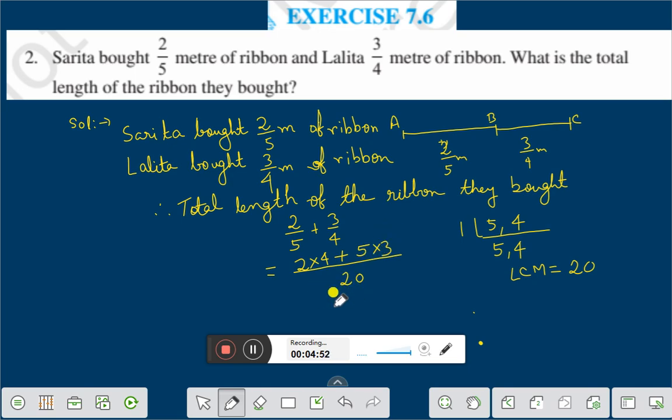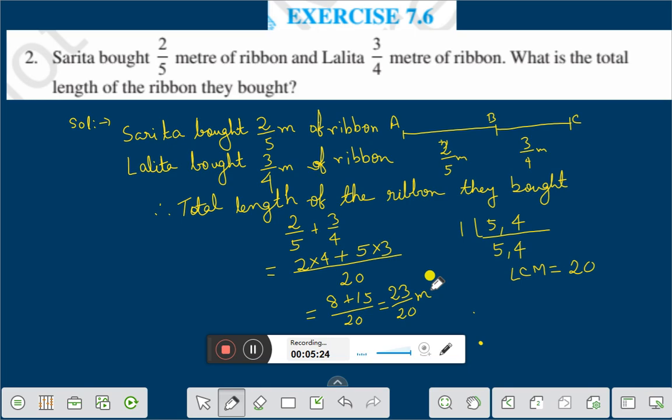Therefore, we are getting 2 4s are 8 plus 5 3s are 15 by 20, right? Therefore we are getting 8 plus 15, 23, 23 by 20 meter.